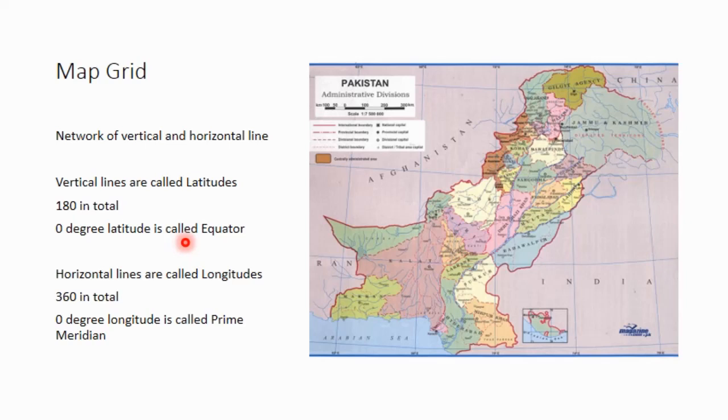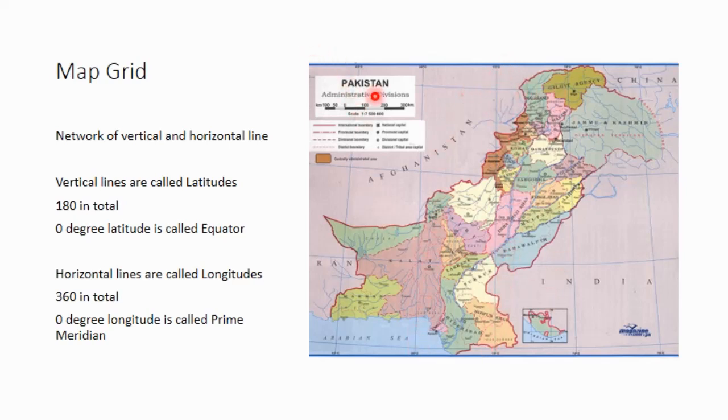Before we end this lecture, I would like to tell you about the latitudes and the longitudes on the map, which is shown on the right side of this slide. Here we have horizontal lines. Follow the cursor to see the line. These are the horizontal lines, which are latitudes. And these are the vertical lines, which are longitudes.